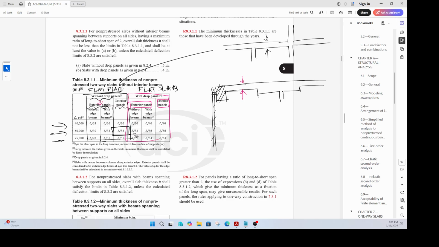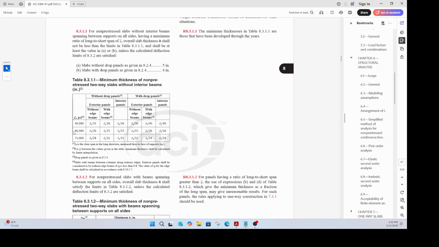You pick up the thickness as ln by, for example, let's say you have 60,000 psi Fy and you have the edge beam. Your edge beam here is active, right? You decided that it has decent meat on it, right?